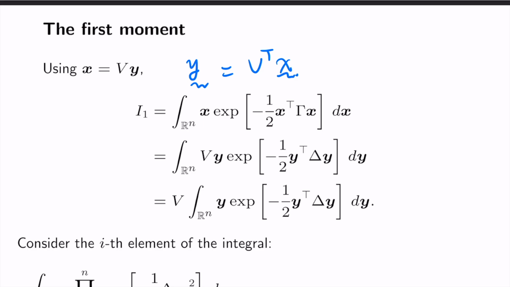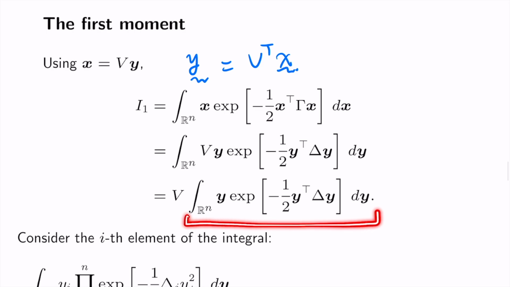So using this, x becomes vy, and x transpose gamma x becomes y transpose delta times y. So v is just a constant matrix, so we can put this outside of the integral. Now the problem is reduced to calculating this integral.